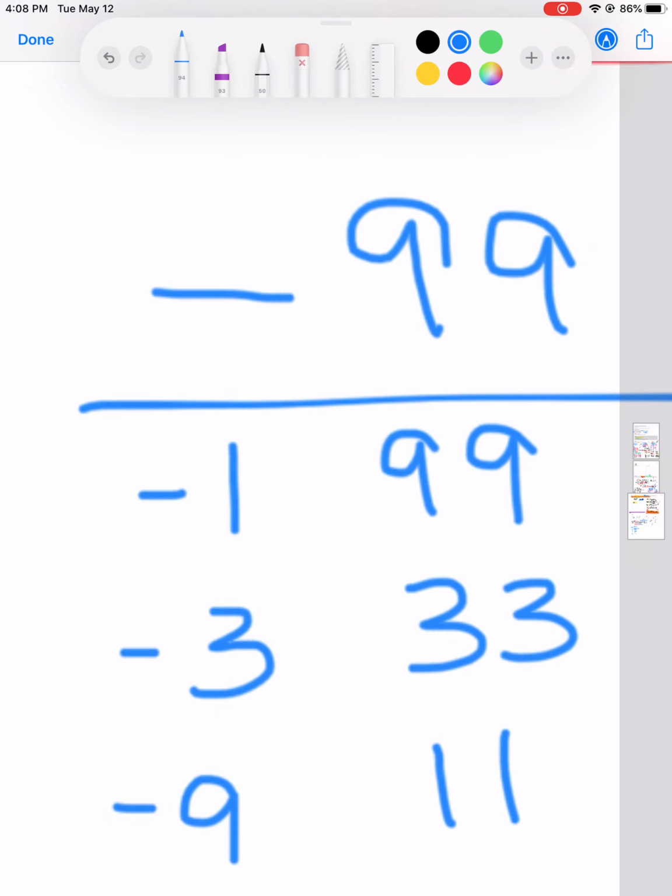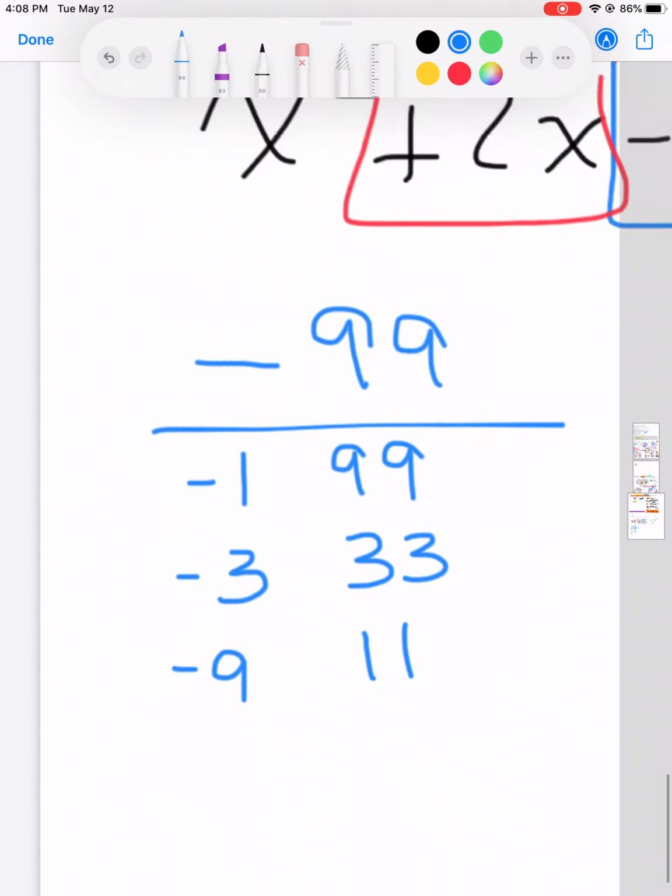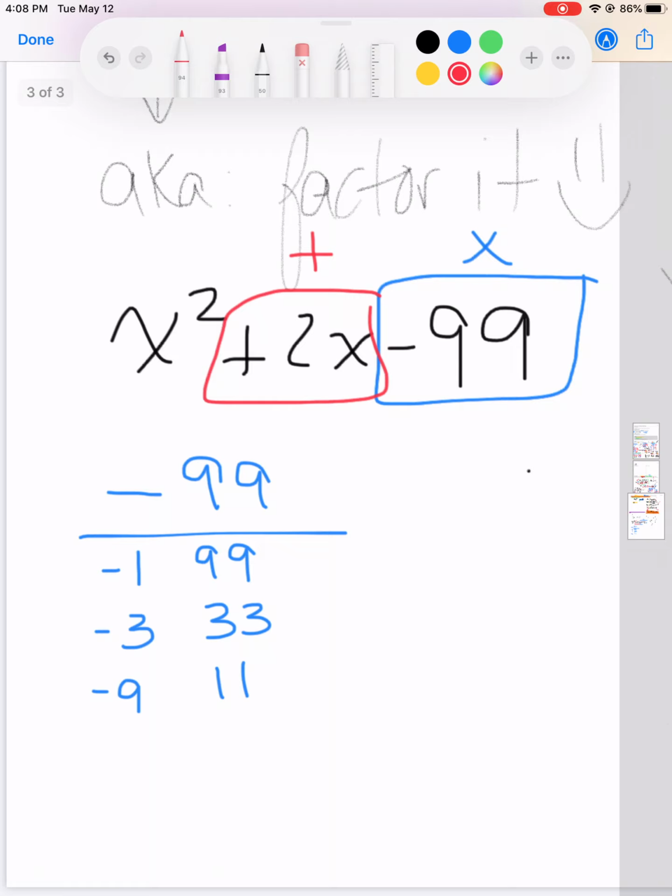Okay? So, let's add them up. Negative 1 plus 99 is 98. That's not 2. Negative 3 plus 33 is 30. That's not 2. Process of elimination. Negative 9 plus 11 is 2. So those are my numbers.